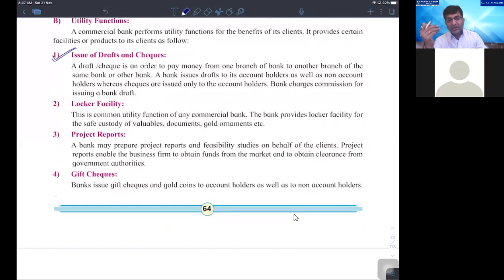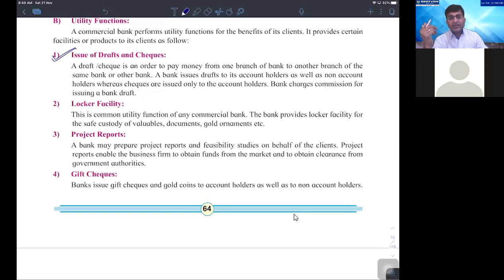Why? क्योंकि अगर मेरे पैसे बैंक में पड़े हैं और मुझे किसी और व्यक्ति को वो पैसा पहुंचाना है, तो I cannot go to the bank every time, withdraw the money and give it to him. आजकल ऑनलाइन की फैसिलिटी है, but everyone is not accepting online. So in that case, we can issue the checks or drafts. Now these checks or drafts we receive from the banks. So bank is increasing its utility through that or not? Therefore, it is covered in the utility function.